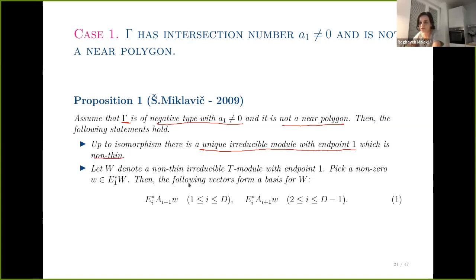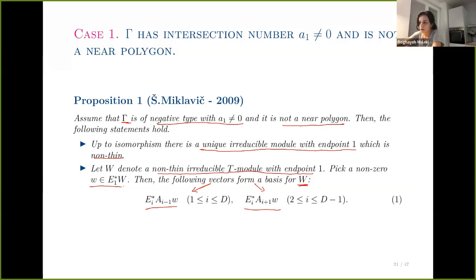So we always have this one. And let W denote a non-thin reducible T module with endpoint 1, which we know exists. Pick a non-zero vector w in E1 star of W. Then these vectors form a basis for our module W.